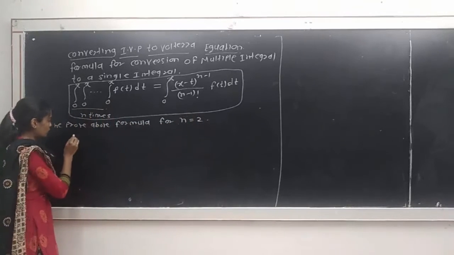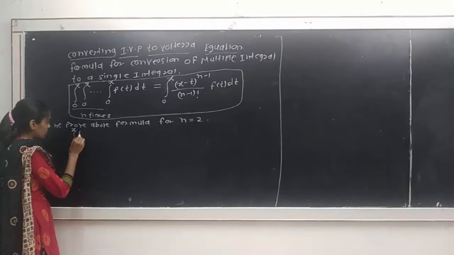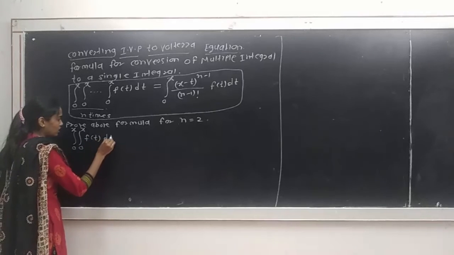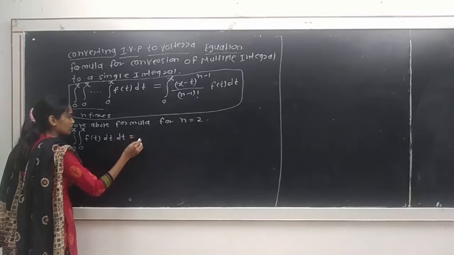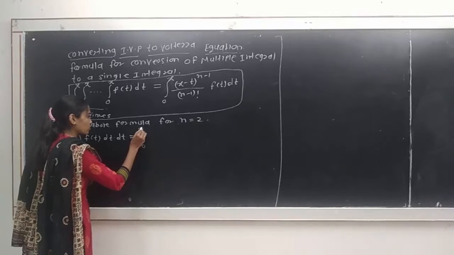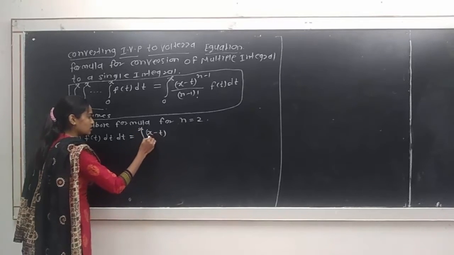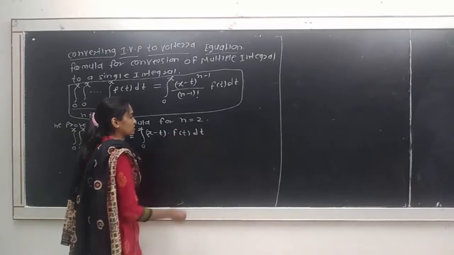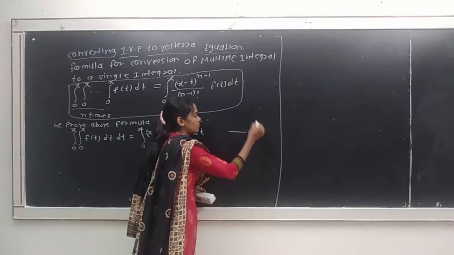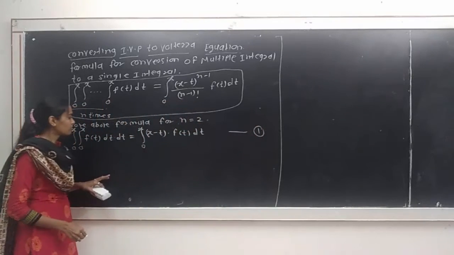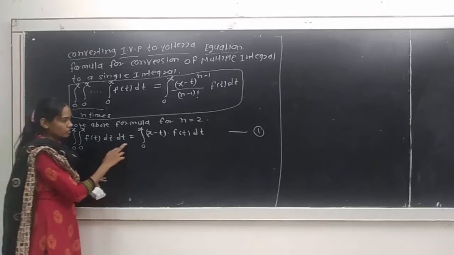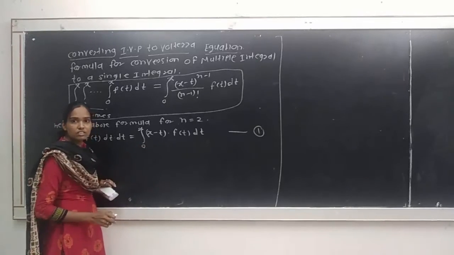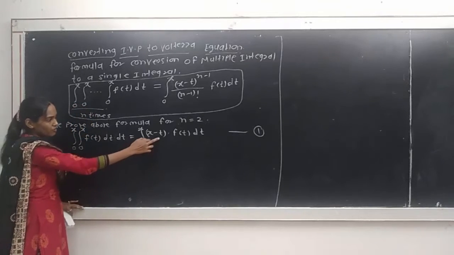For n equal to 2, the formula becomes integration from 0 to x of the integral of f of t dt into dt, equal to integration from 0 to x of (x minus t) into f of t dt. Suppose we take this formula as equation number 1. If we observe the RHS of this equation, it is a function of x.